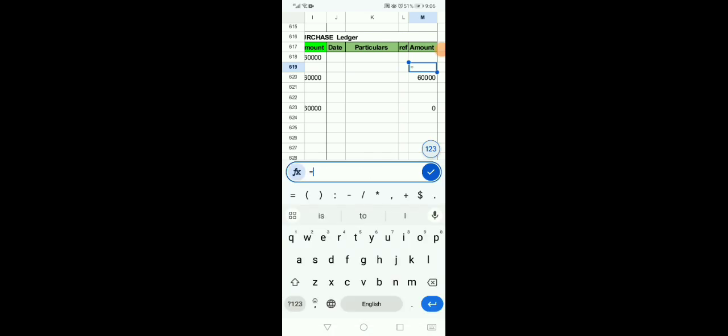So the larger amount you need to post on both sides, but here the total is not 60,000. Here you will write the balance. How will you balance? You will subtract the smaller total from the larger total. The larger total is 60,000 and you will subtract the smaller total which is 0.